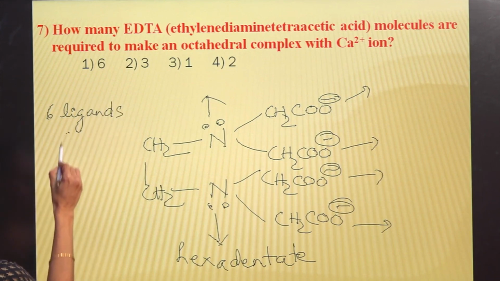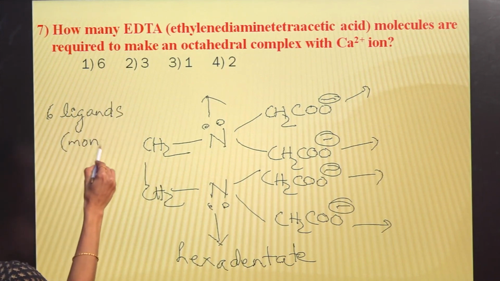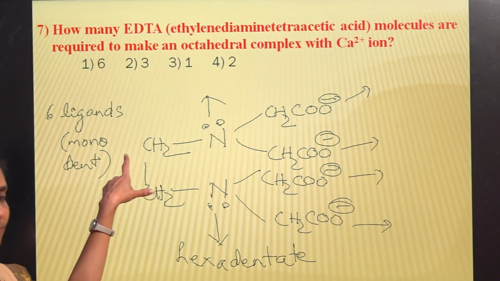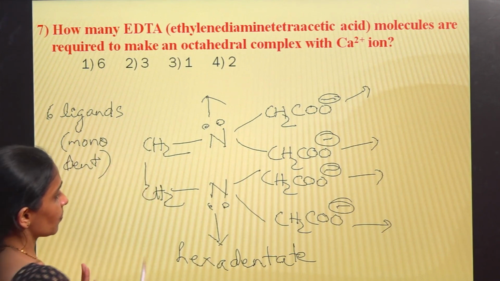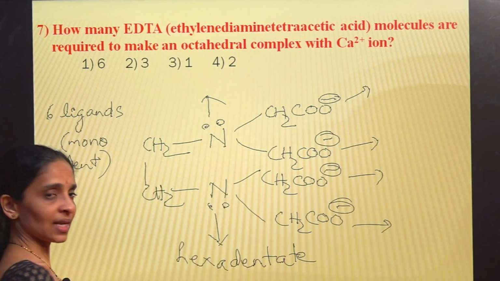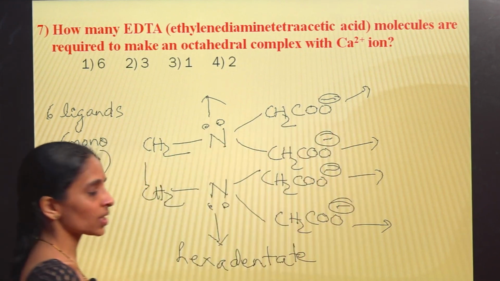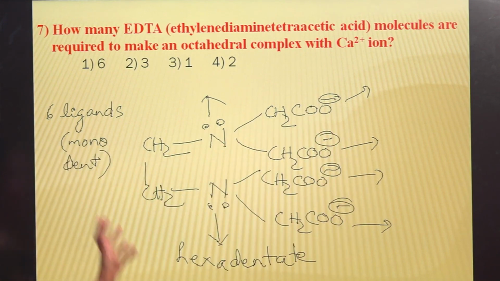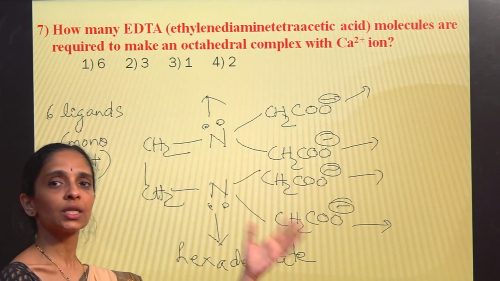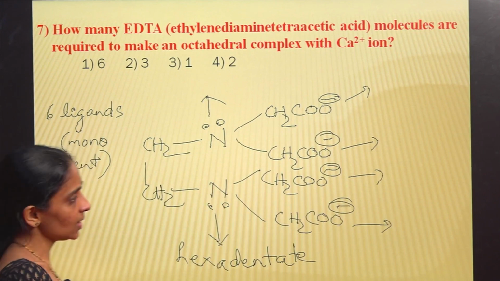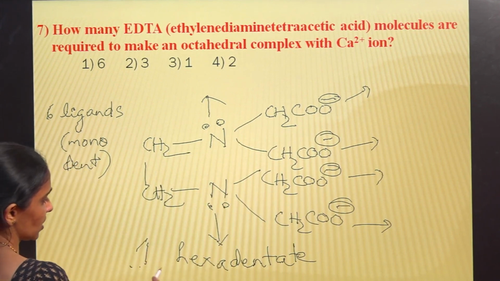To make an octahedral complex, 6 ligands are needed. When? When they are monodentate. But now you have a hexadentate ligand, with 6 donor atoms, okay, with the capacity to donate 6 electron pairs at a time. That is why only one such ligand is enough.